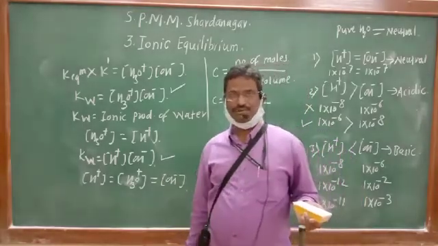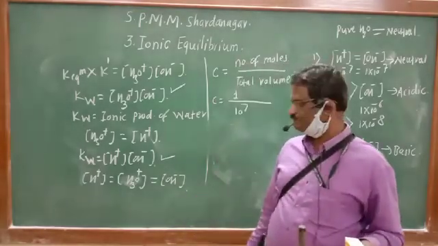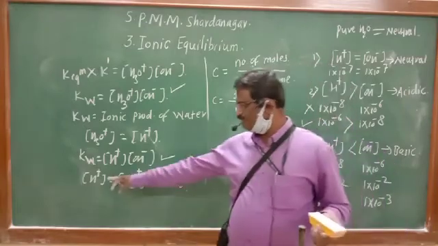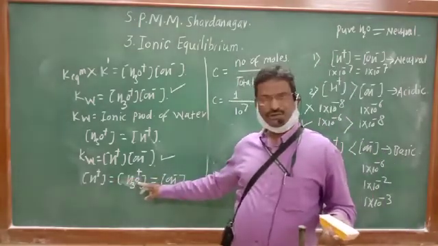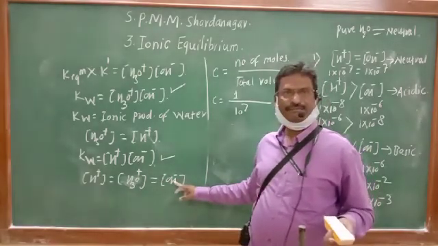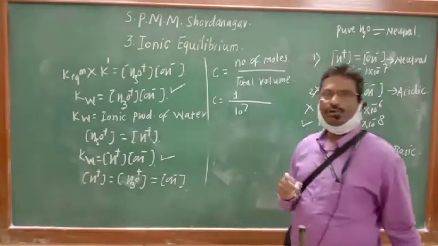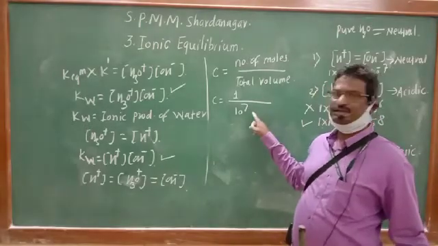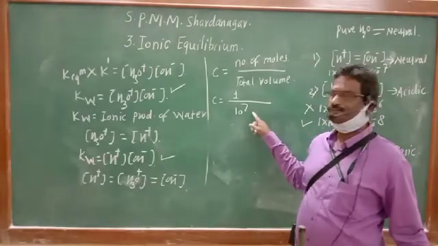Practically, we have studied from instrumental methods of analysis that the concentration of H plus, H3O plus and OH minus can be calculated, because just 1 mole out of 10 raised to 7 liters undergoes dissociation.